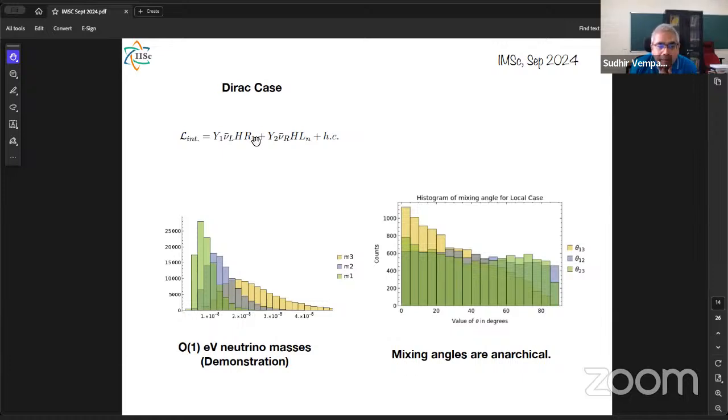So the result is that you can explain neutrino masses of the order of eV in this case, but the mixing angles are completely anarchical. The randomness also follows through in this case, so you have a prediction.